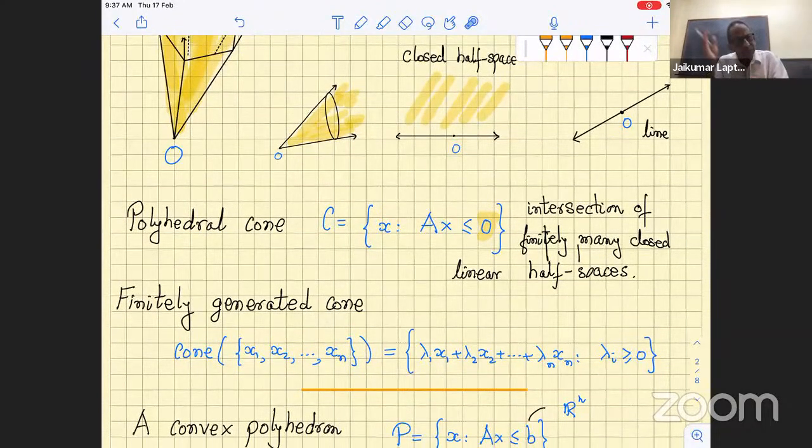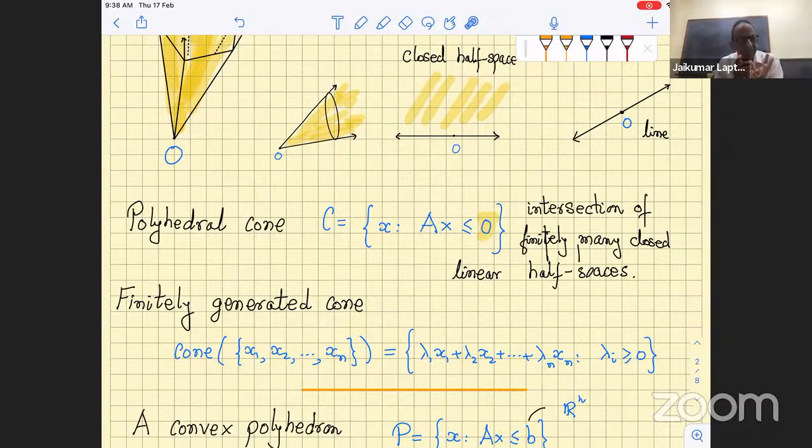That is, you just take some half spaces defined by hyperplanes which are passing through the origin, and take their intersection. This is the intersection of half spaces. That is, some inequalities are being satisfied.